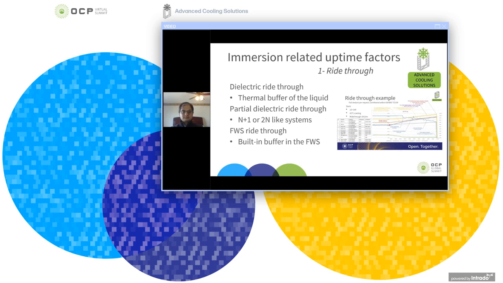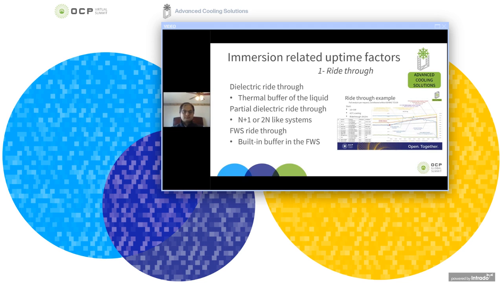This may also be implemented in a scenario where an overheating scenario is going to be delayed. So the thermal buffer itself with a dielectric write-through, with a pure dielectric write-through, might be sufficient to delay an overheating with, let's say, an hour. And in the regional summits in Amsterdam of 2019, I presented an actual failure scenario of a cooling circuit in one of the Asperger systems, which shows what the dielectric write-through actually does on the load.